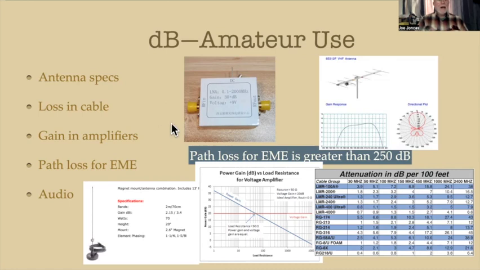Okay, a gain of amplifiers, and this is the one that I really like. Anybody who has ever heard of EME or Earth, Moon, Earth. I mean, we literally take big antennas, aim it at the moon, shoot a signal out there. About 2.5 seconds later, the signal comes back to the Earth, and it's lost 250 dB.